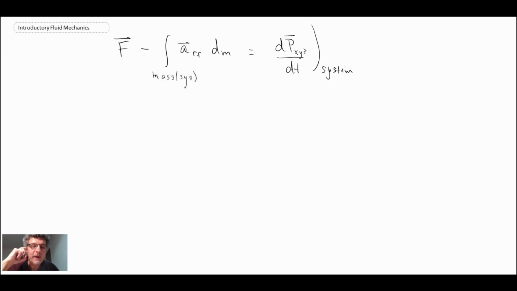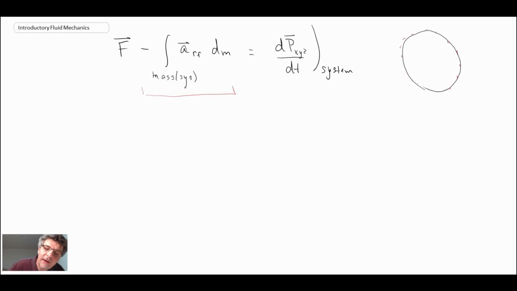So we get that. Now that looks very similar to what we had earlier, when we had the basic law, F equals ma, with the exception that we have this correction term here. So let's continue working with this and see what we get. We're going to look back at when we did the Reynolds transport theorem, and we noted, if you look way back in the notes, we had the system and a control volume.